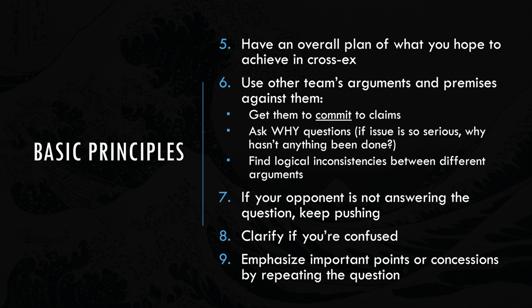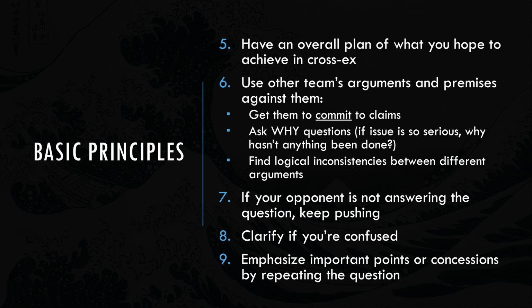9, emphasize important points or concessions by repeating the question. If you get an important concession out after you've followed steps 5 and 6, and you think you've gotten them to a really big checkmate moment, then you want to repeat that.